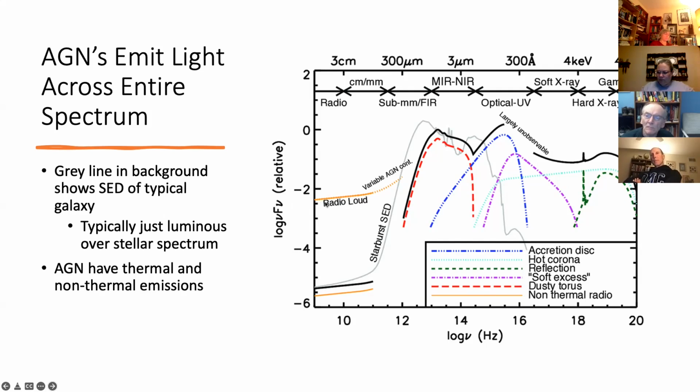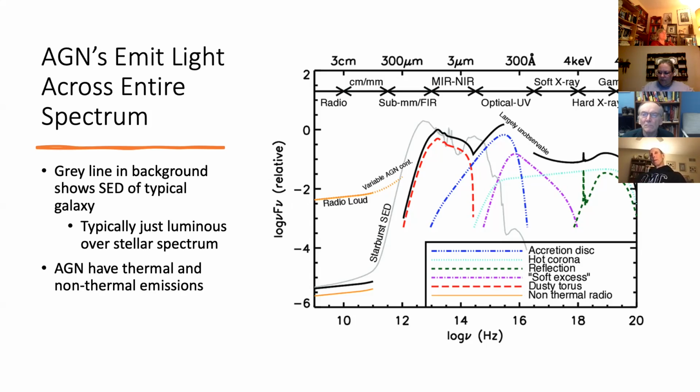But if we trace out an active galactic nucleus's spectrum, it will start strong, go up, and continue to be strong all the way up until gamma rays, or very high energy gamma rays. So that's a strong indicator that it is an AGN.